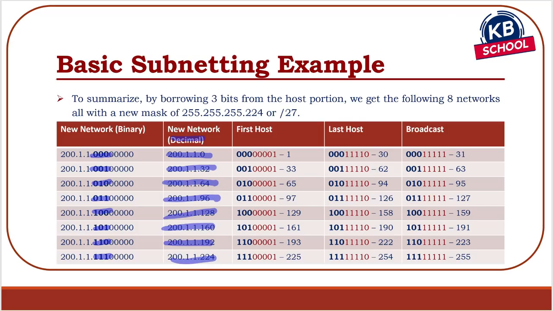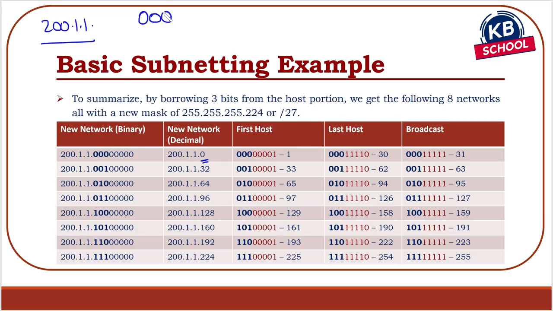Now, the last step that you also need to figure out to make it easy for the network administrator to assign the hosts. What are my host bits? Now, let's analyze the last octet over here because it's split. The first 3 octets, I know it's 200.1.1. That's my major network. In the last octet, on my first network, I have my first 3 bits as my network bits, which are set to 000. My first host on that network will be 00001 because 0 cannot be used.